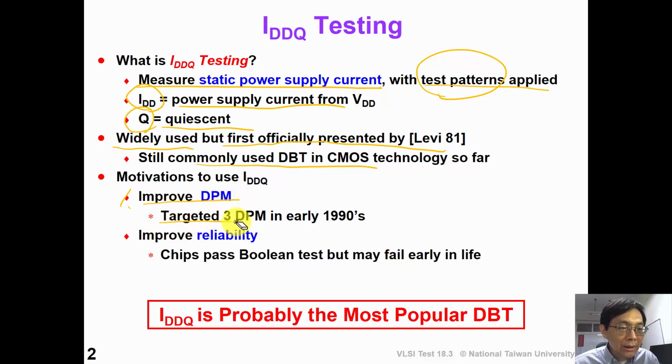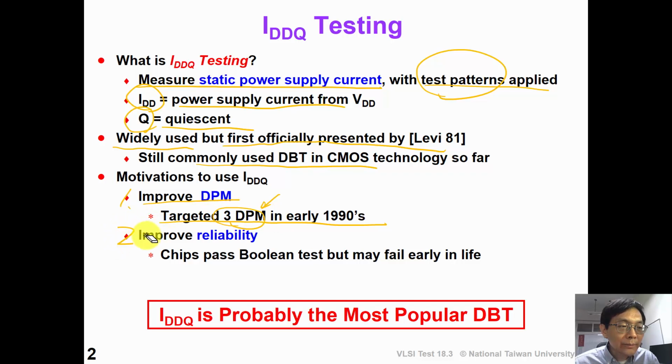In early 1990s, the target DPM was 3 DPM. It is a very ambitious goal. To achieve this goal, Boolean testing alone is not good enough. We must rely on the other kinds of testing, such as IDDQ.